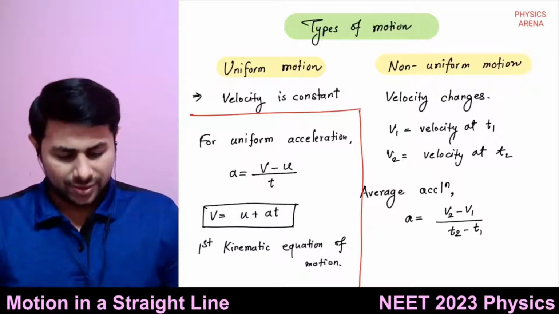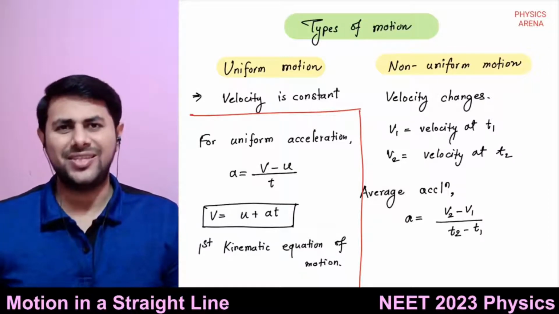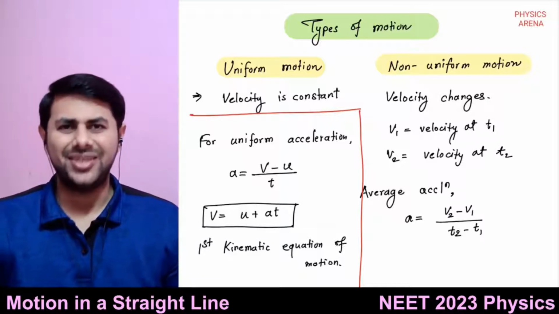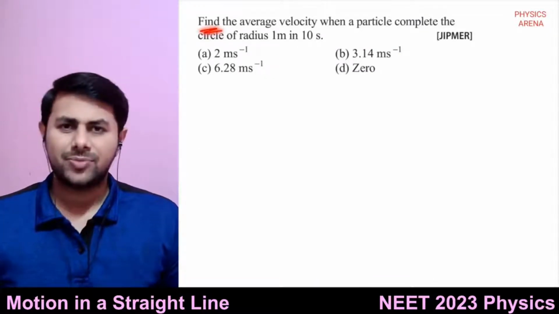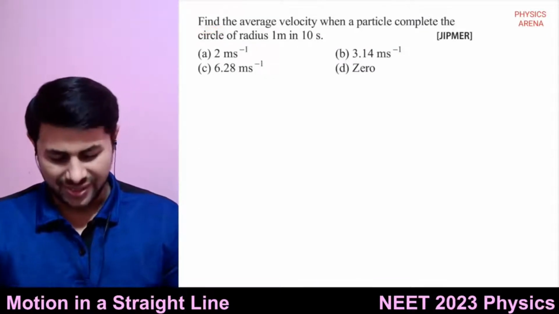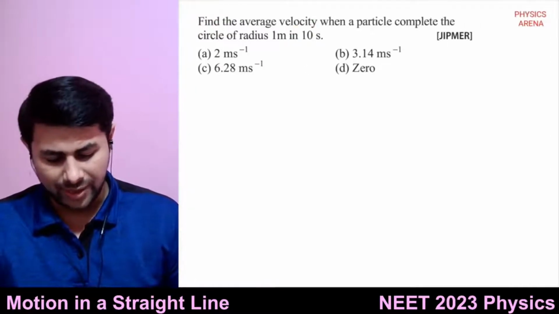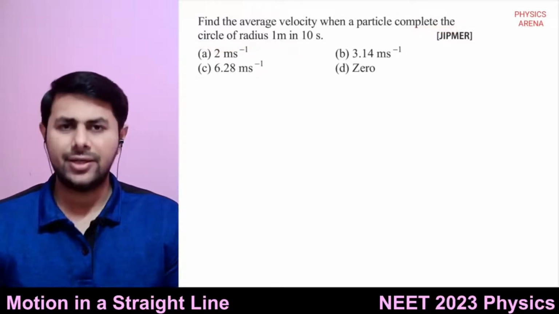All right, so this is very short theory, but surprisingly there have been questions based upon this much theory only in the NEET exam. So let's try to solve some questions based upon whatever theory we have discussed till now. First question: find the average velocity when the particle completes a circle of radius 1 meter in 10 seconds.